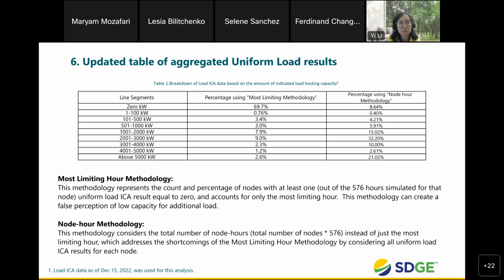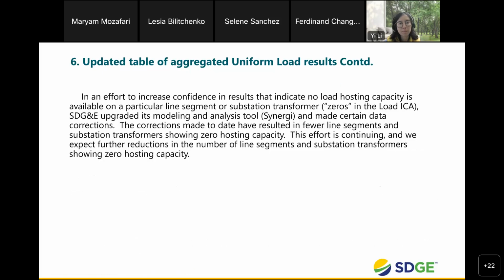Next slide, please. I'd also like to recap the efforts we have been making to increase confidence in the load ICA results currently published on our data portal. Between 2021 and today, we have been updating our modeling and analysis tool and making data corrections to fix some of the data errors in our model.